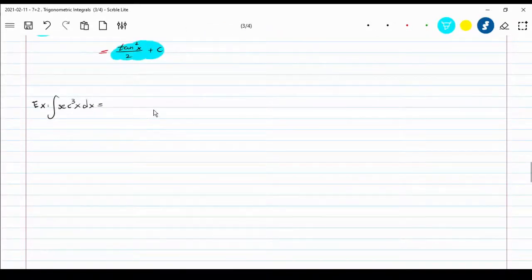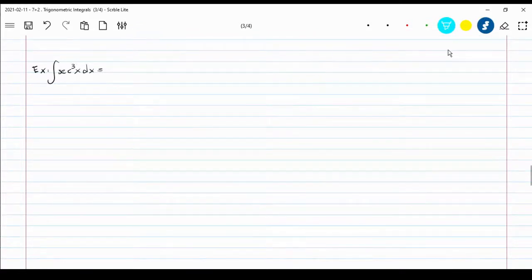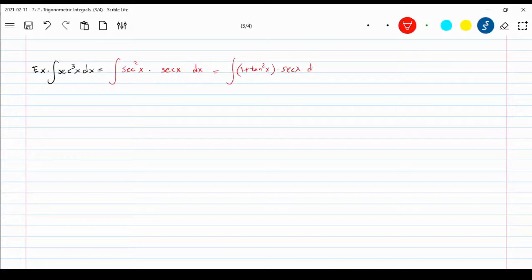Okay, what if it was secant to the third power? Would the substitution work here? If we go through the same idea and say, I'm going to write secant cubed as secant squared x times secant x dx, and then change secant squared to 1 plus tangent squared x, times secant x dx.